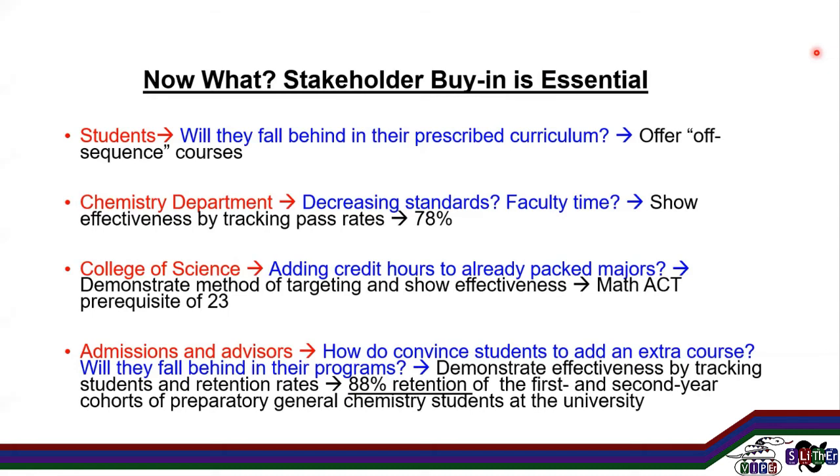We're adding credit hours. I mean, you guys talked about this in our discussion. Yes, we are adding credit hours. But again, the effectiveness, we believed, overrode that argument, because what happens is these students get into this endless loop of taking Gen Chem and then not passing and then retaking until they pass.